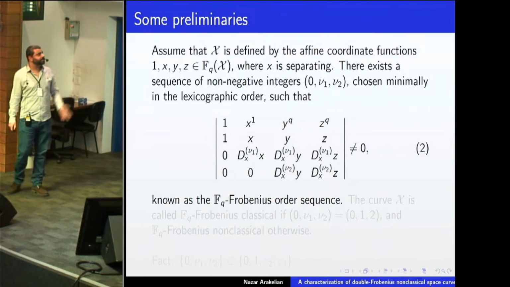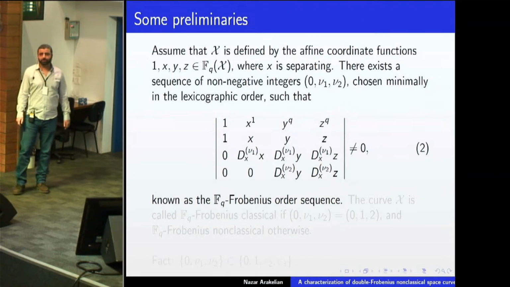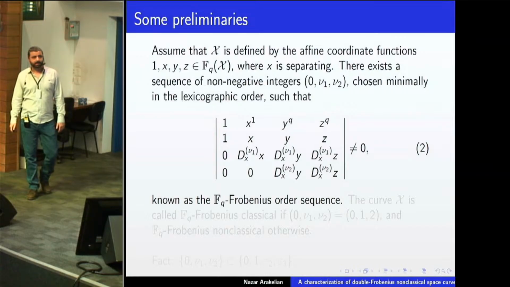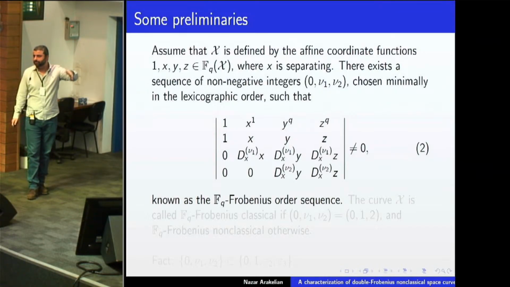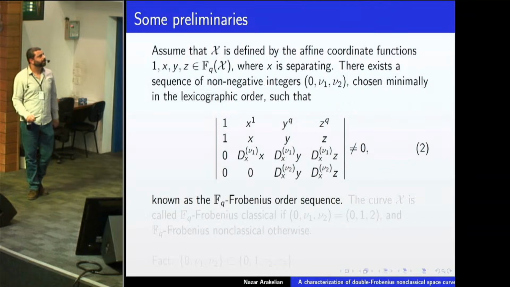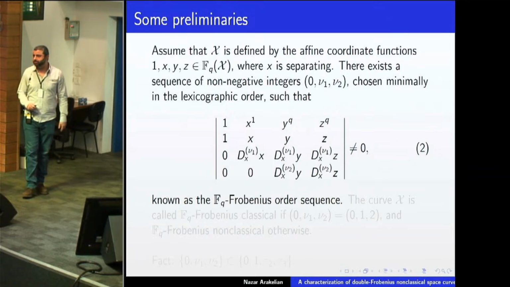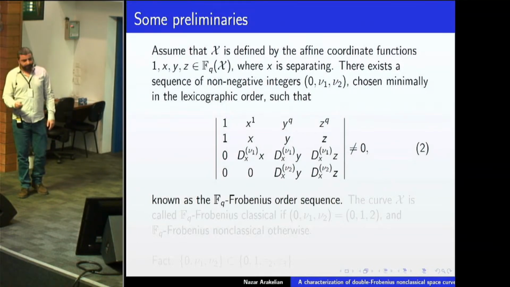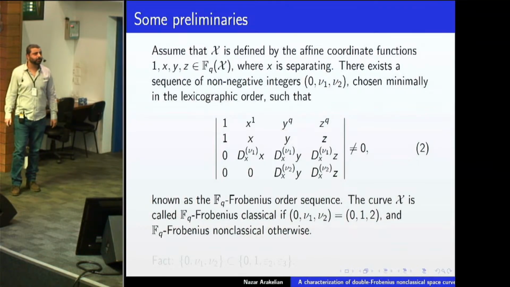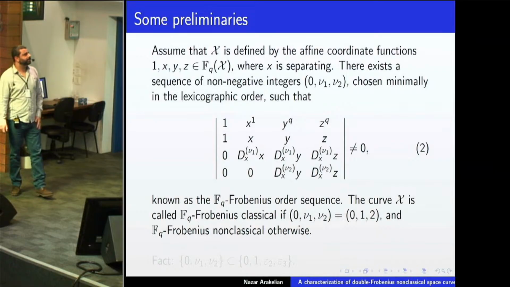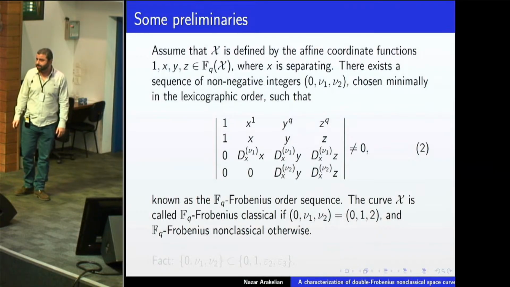This sequence is known as the Fq-Frobenius order sequence of the curve. If you change the ground field, if you take an extension, the sequence can change as well. And again, the curve is said to be Fq-Frobenius classical when the sequence is 0, 1, 2. Otherwise, we say that the curve is Frobenius non-classical.